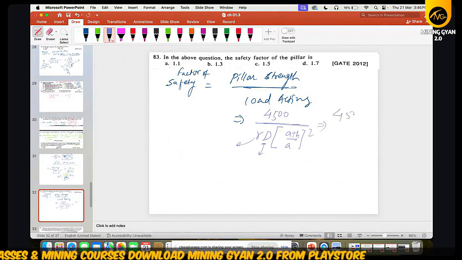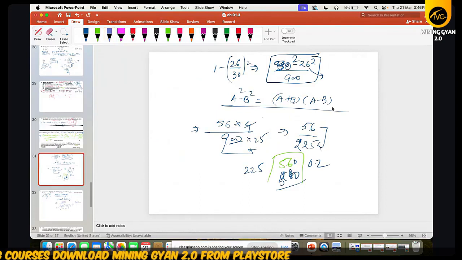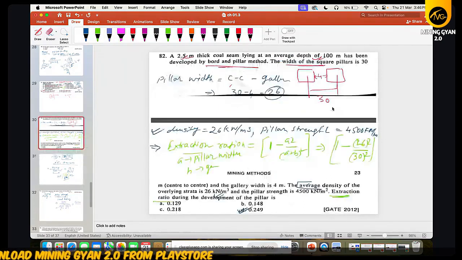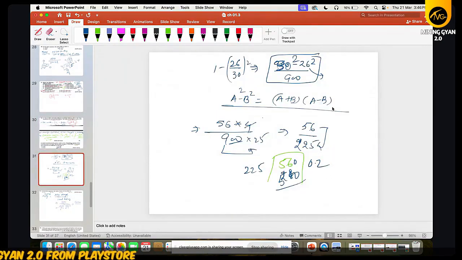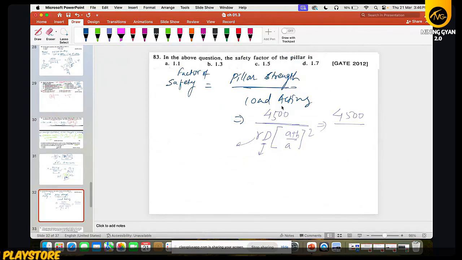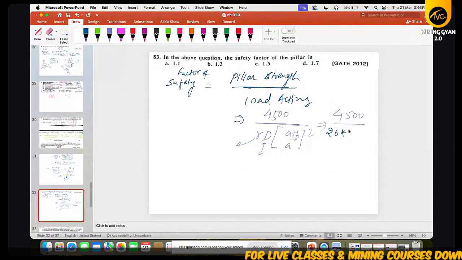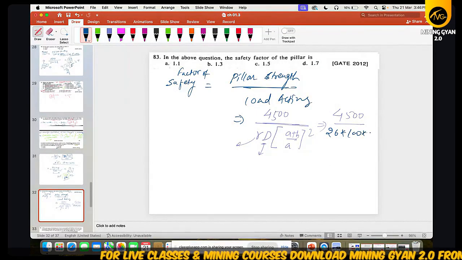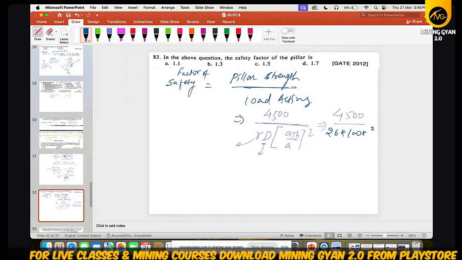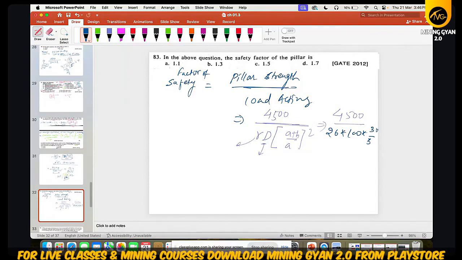So 4500 divided by gamma, they have provided 26, our average density, and the depth they have provided is 100 meters, multiplied by 30 squared over 26 squared.